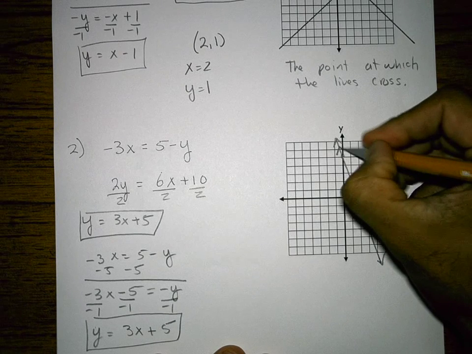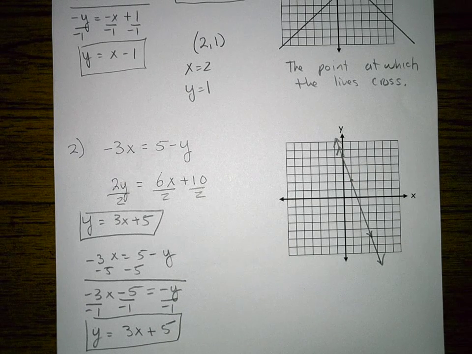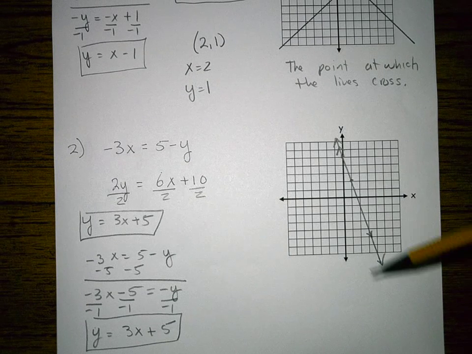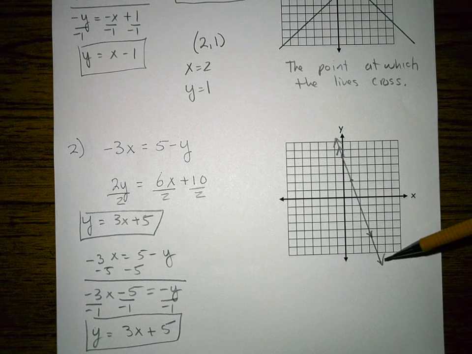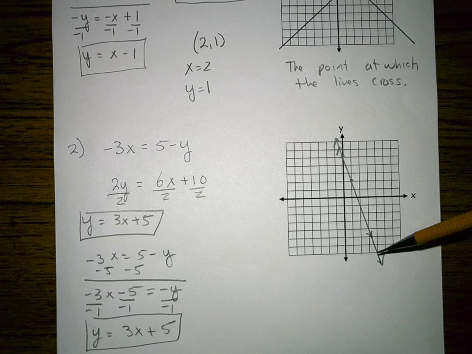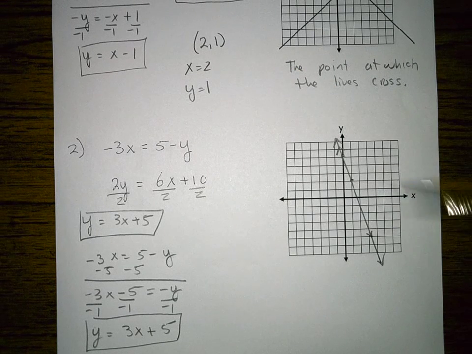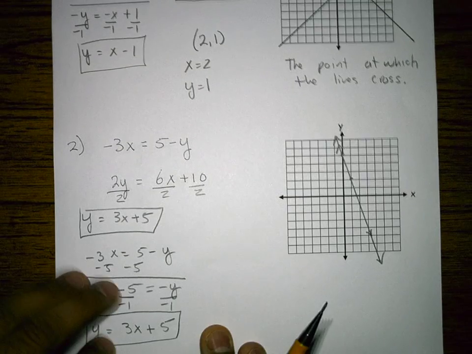So I'm going to put two sets of arrows on it to show that I graphed two lines on the same actual line. Now in this case, the solution is the point at which they cross. Well, these actually cross everywhere, so this has an infinite number of solutions. There's not just one point like in the previous example. This would be infinitely many points.